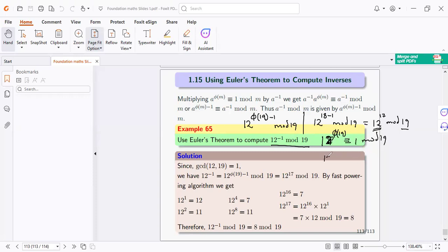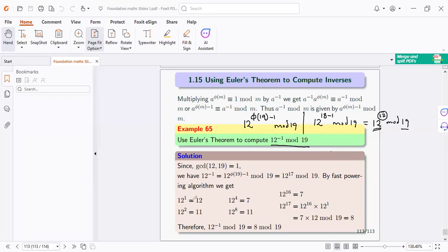So that means 12 raised to phi of 19 is 18. 18 is larger than 17, so you cannot use the Euler theorem. So that leaves us with the other two methods, either Fermat's little theorem or the fast powering algorithm, because 18 is larger than 17. The power that we want is 17.